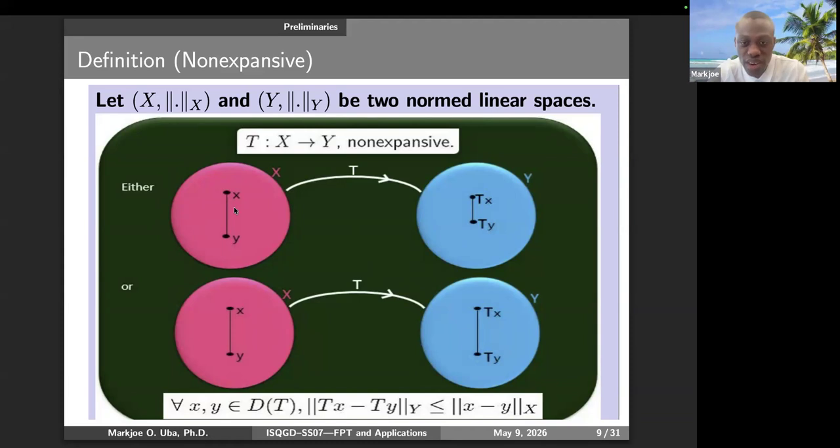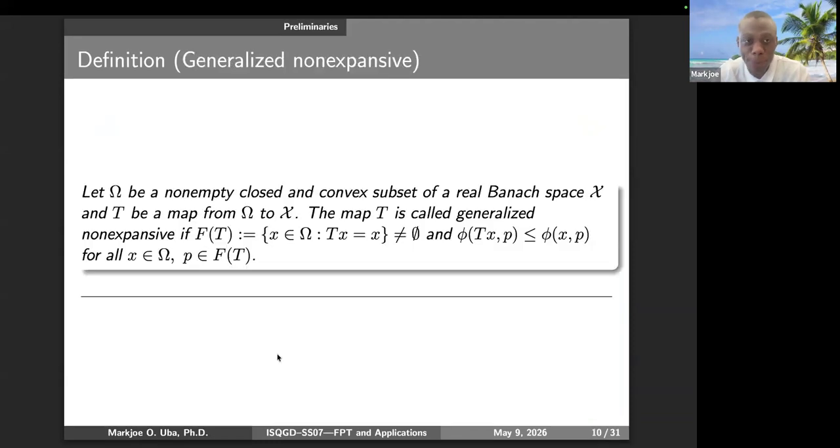In the first diagram, the distance between Tx and Ty is smaller than the distance between x and y, and that is what is given on this line. The next one is a situation where they're equal, because we have less or equal. So one of the two could happen. This is what we mean by non-expansive maps.